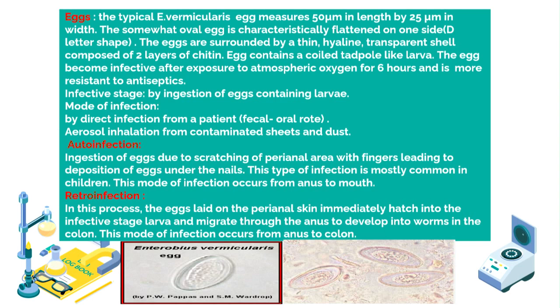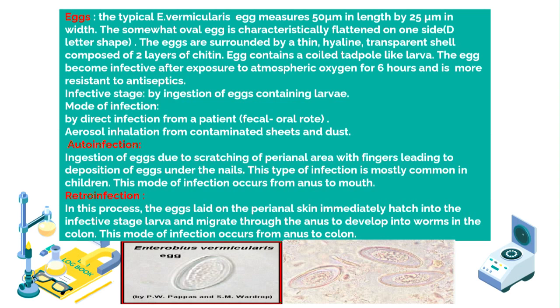Eggs contain a coiled, tadpole-like larva. The eggs become infective after exposure to atmospheric oxygen for 6 hours, and they are more resistant to antiseptics. The infective stage is by ingestion of the eggs containing larvae.